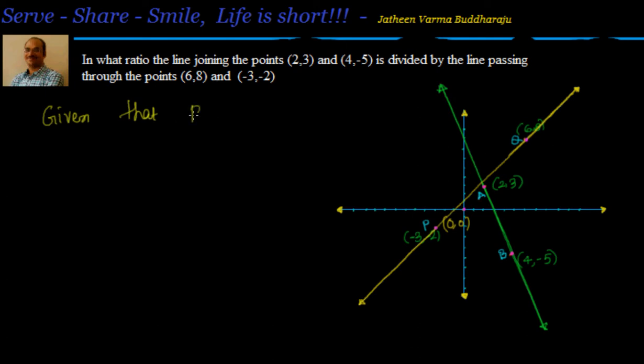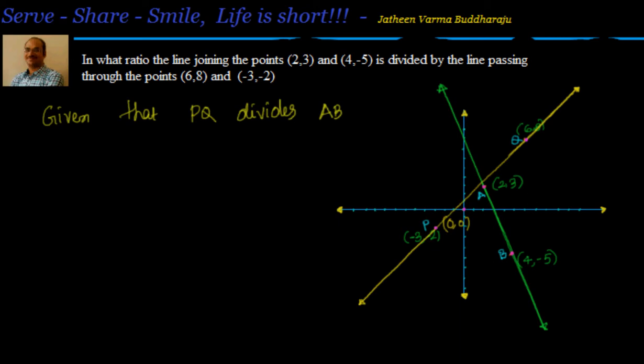That is nothing but given that PQ divides AB. We can also see that points A and B are externally divided by PQ, because the line segment PQ is going out of A and B. So it is externally dividing. So if you take the ratio as lambda is to 1, your lambda should be a negative value.